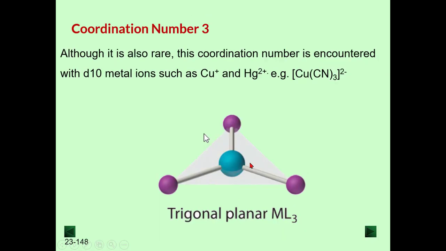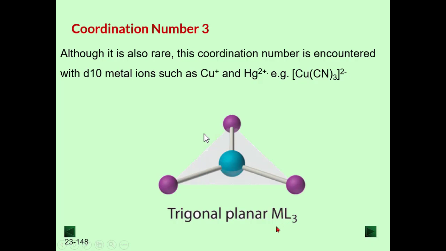Similarly, if we go further to coordination number 3, the same concept applies, that we have to keep these three ligands apart by 120 degrees, which means you have to keep them at the maximum position at which they experience minimum repulsion.